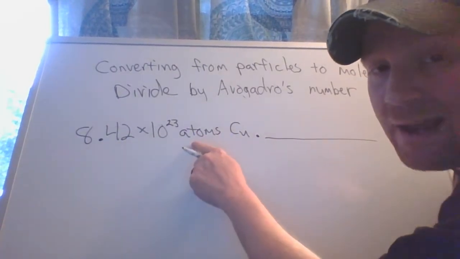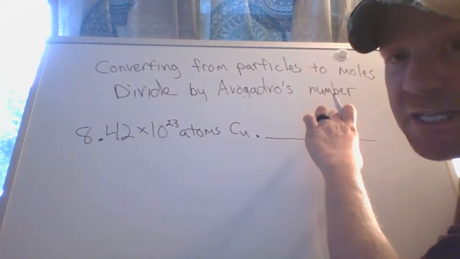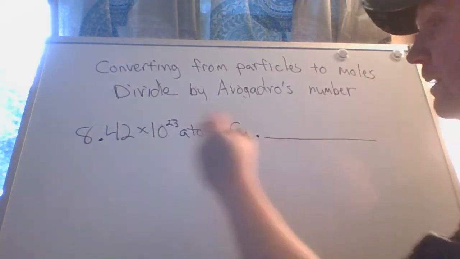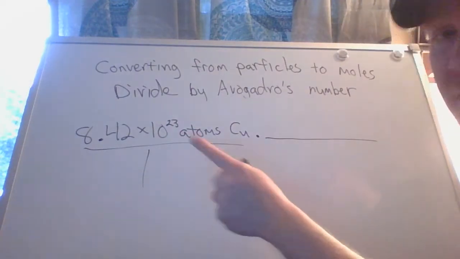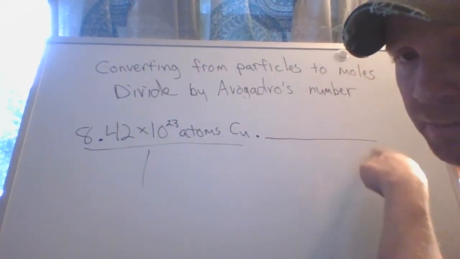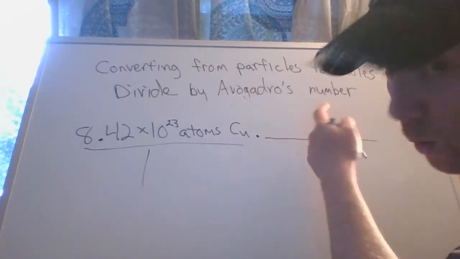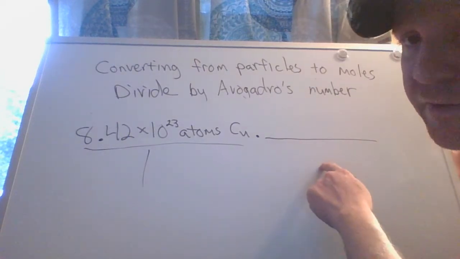Well, we don't want atoms in our final answer. We want it in moles. This part's going to look similar to what you just saw, except flipped. I'm going to put that over 1 because that's our initial measurement, just to show you that it's in the numerator. Atoms is going to be on the bottom, moles on the top. We're going to set the mole number to 1 mole of anything, 1 mole of copper, and down here will be Avogadro's number.